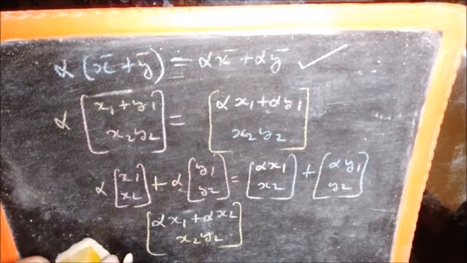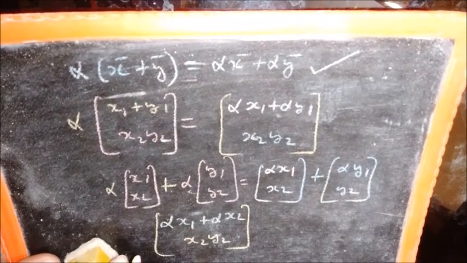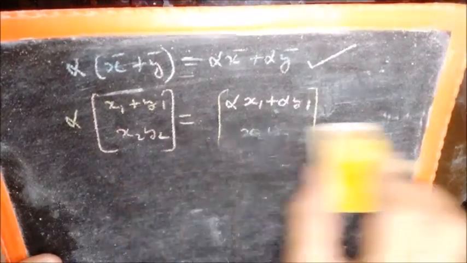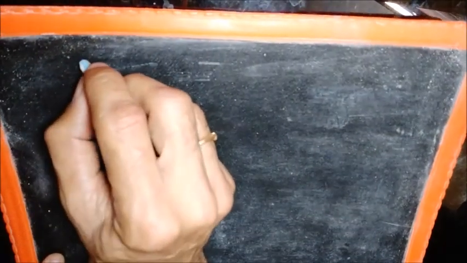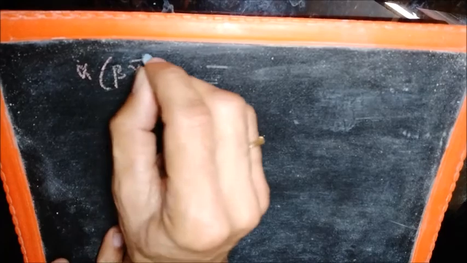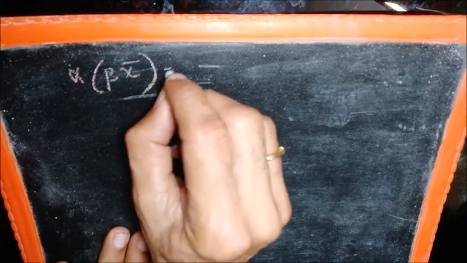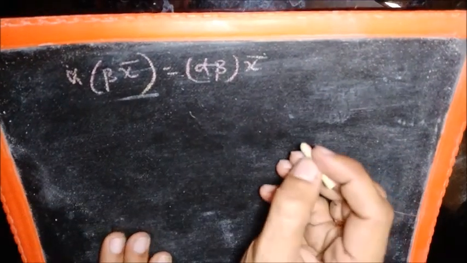So we see that one by one the properties are being satisfied, even if we have tweaked the definition of vector addition and scalar multiplication. So far so good. Now let's go on to the verification of the next property. Alpha into beta x is equal to alpha beta into x.